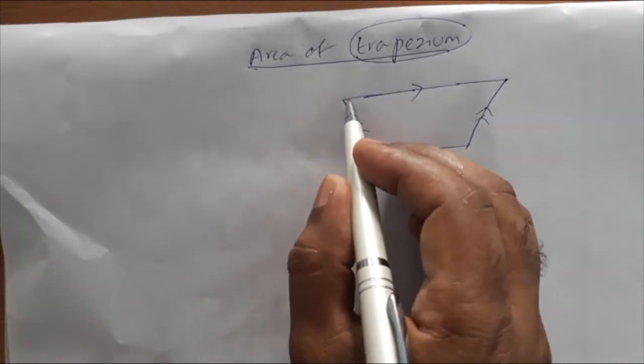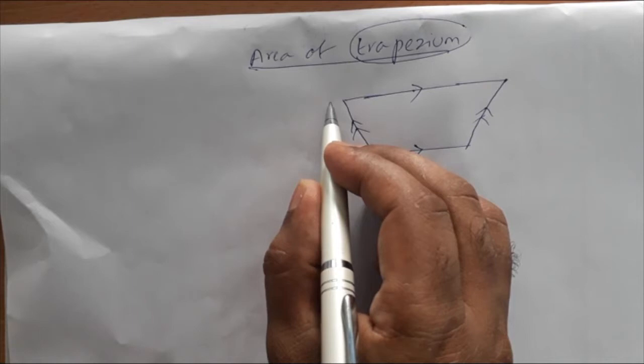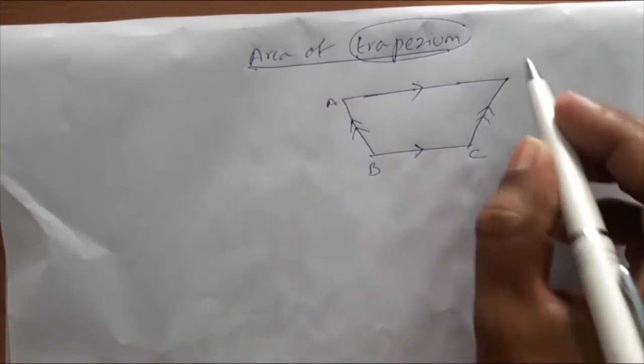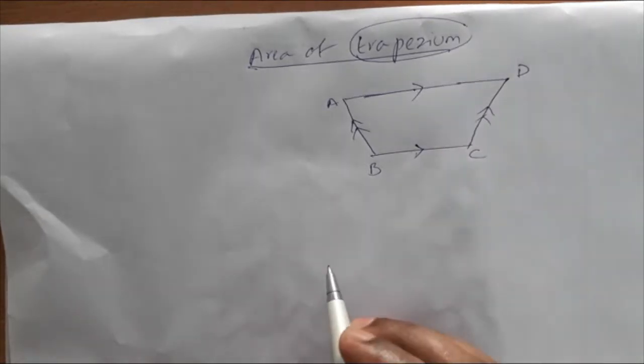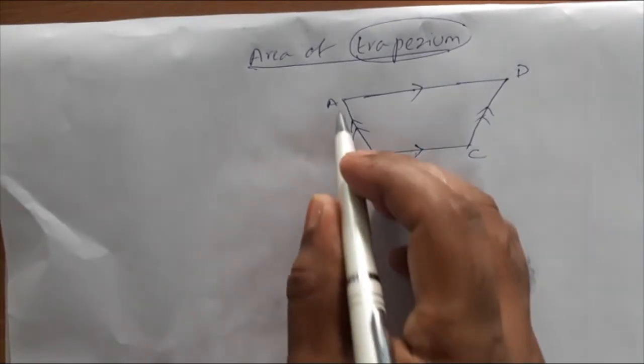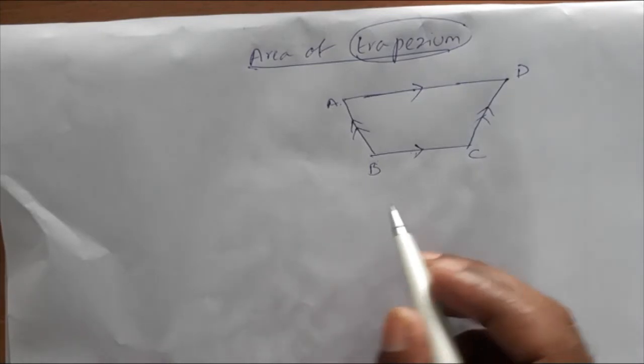Now let us represent this trapezium as ABCD. ABCD is a trapezium in which AD and BC are parallel sides. AB and CD are not parallel sides.